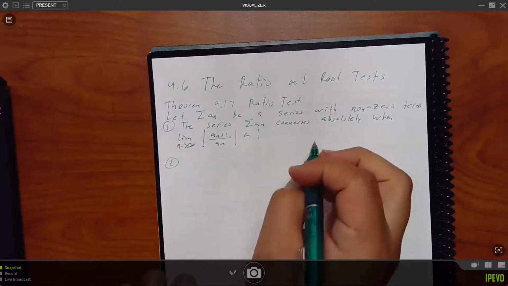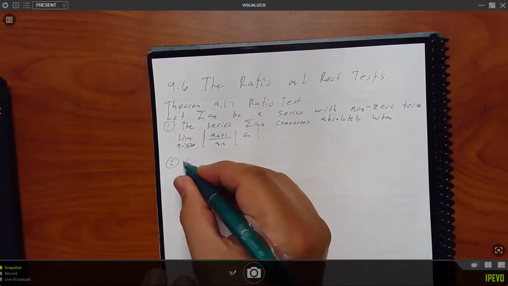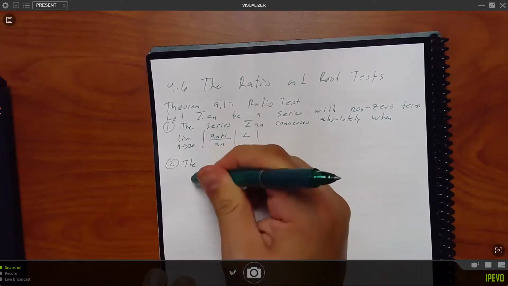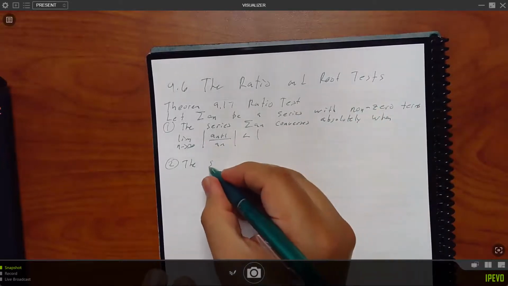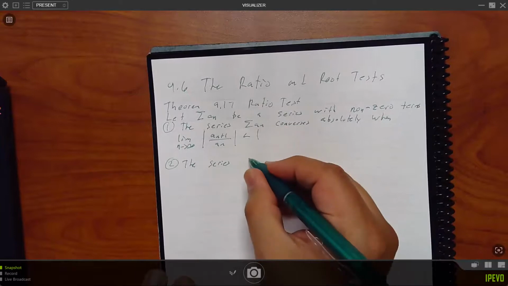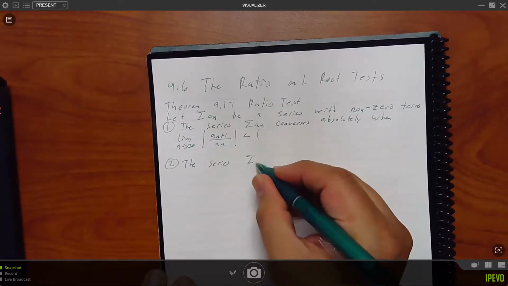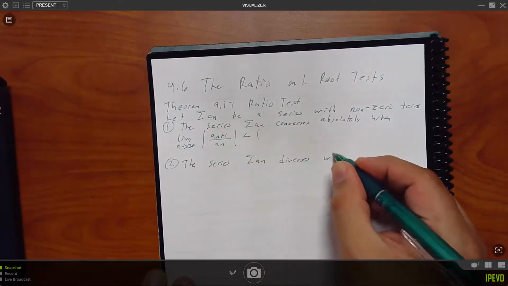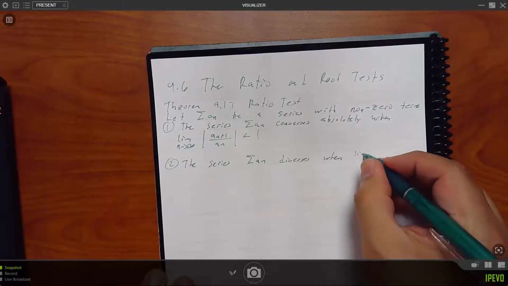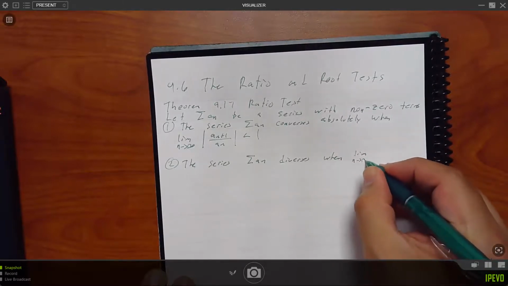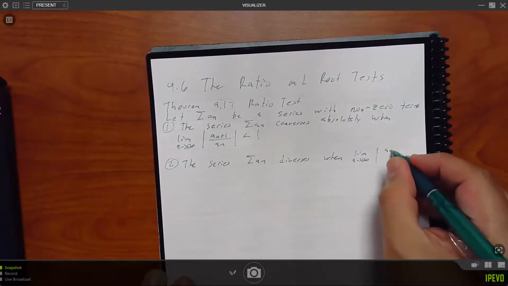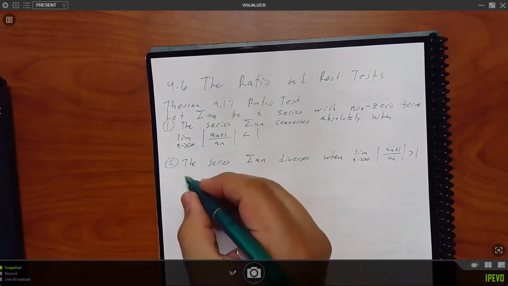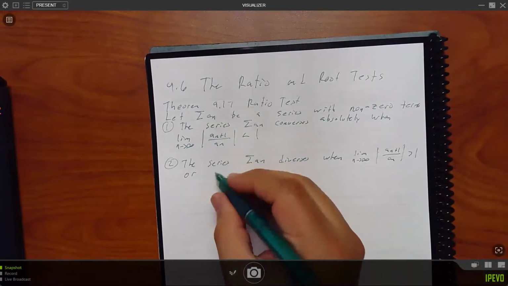Number 2. You can also say the series diverges when the limit as n goes to infinity of a sub n plus 1 over a sub n is greater than 1 or infinite.